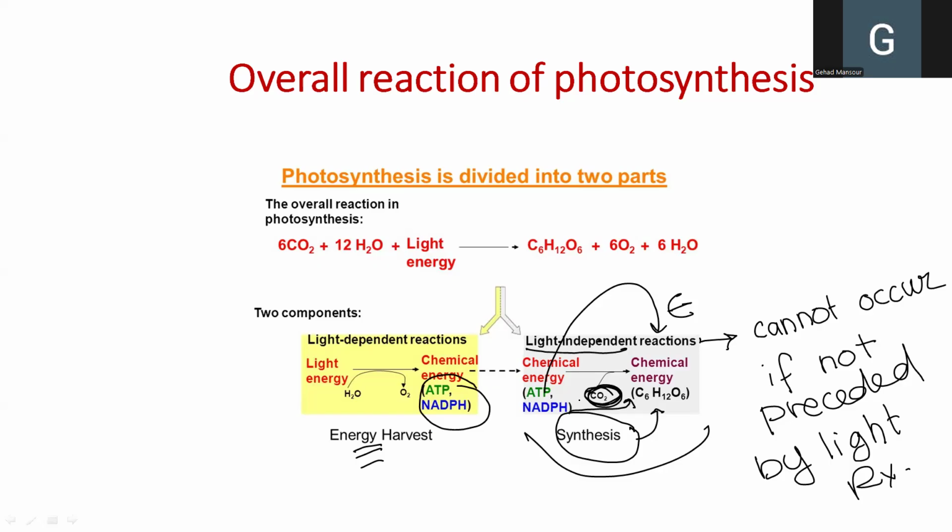So light-independent reactions cannot occur if not preceded by light reactions. If this is true, then why have scientists called it light-independent reactions? For only one simple reason, that light-independent reactions can occur in the dark, and from there came the nomenclature dark reactions.